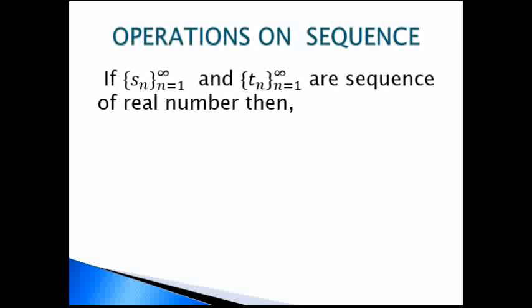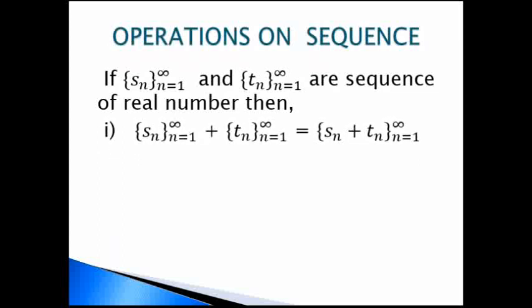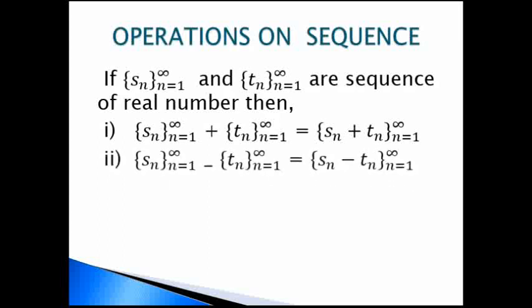That is, sequence Sn plus sequence Tn is equal to sequence Sn plus Tn, and sequence Sn minus sequence Tn is equal to sequence of Sn minus Tn, n equal to 1 to infinity.